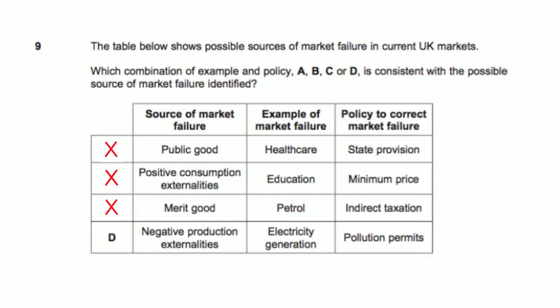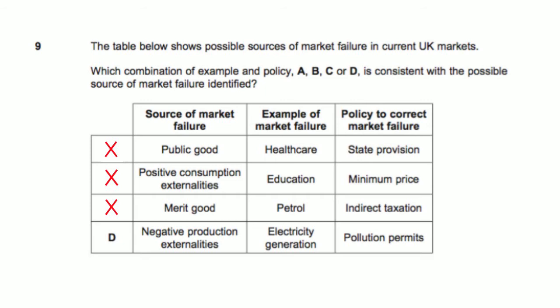According to the question, the policy to correct the market failure would be to have pollution permits. Pollution permits only allow an economic agent to emit so much pollution. If they want to emit more pollution, they either have to pay a fine or they have to purchase more permits from someone else.